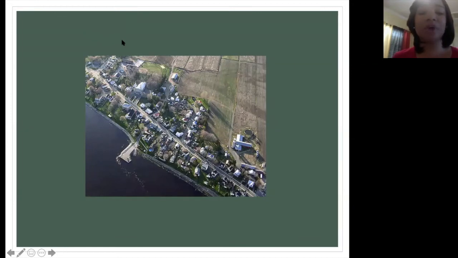Okay, our second photo. This type of settlement pattern can be found along a roadway, maybe a river, or even a coastal environment. Which settlement pattern is this?